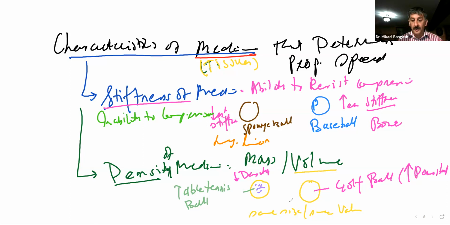Whereas if you go into a golf ball, it is filled up with some densely packed hard material that has a greater mass. But the same volume causes it to have a greater density. Did that make sense?